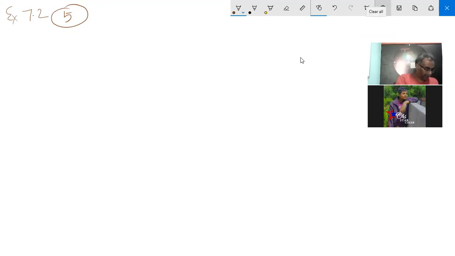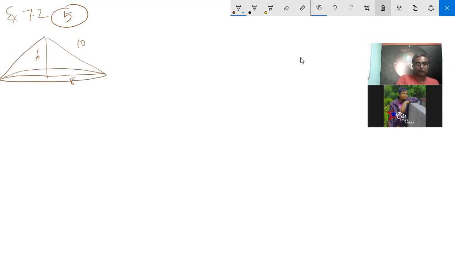A right angle triangle whose sides are 6 centimeter, 8 centimeter, and 10 centimeter. If you revolve like this, then you get a cone. R is equal to 8, H is equal to 6, and slant height L is equal to 10.